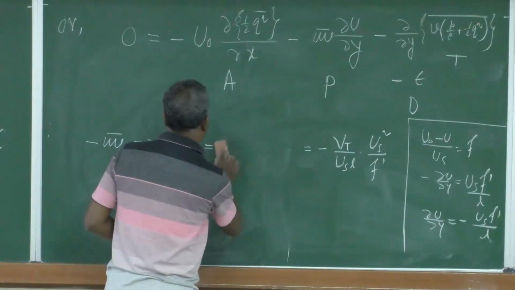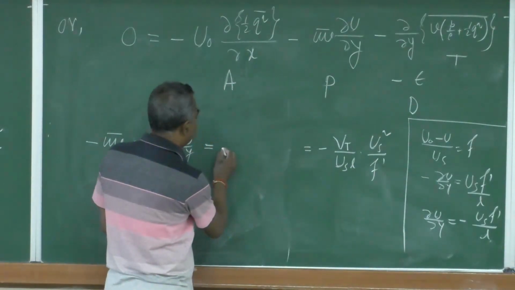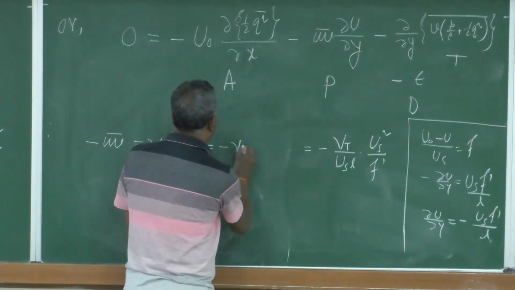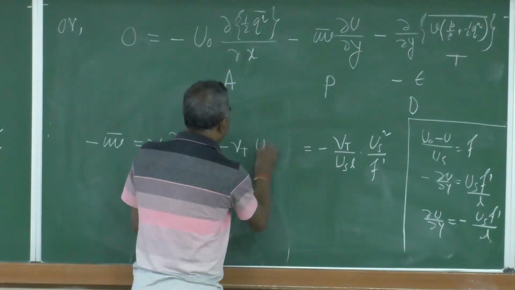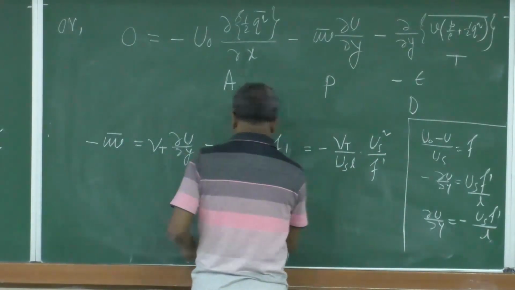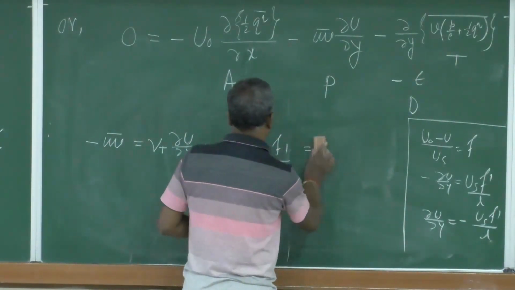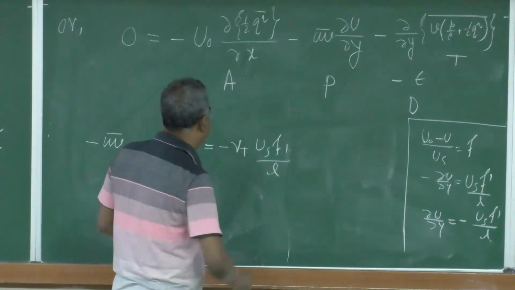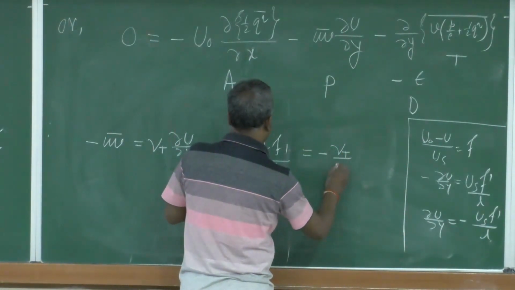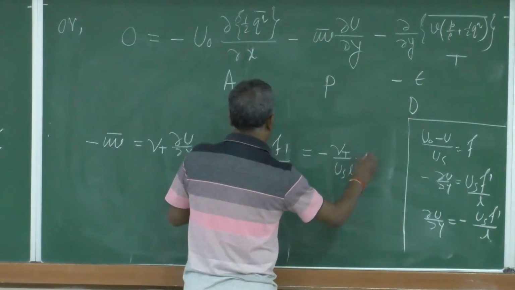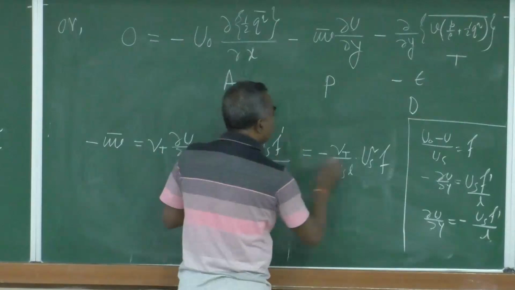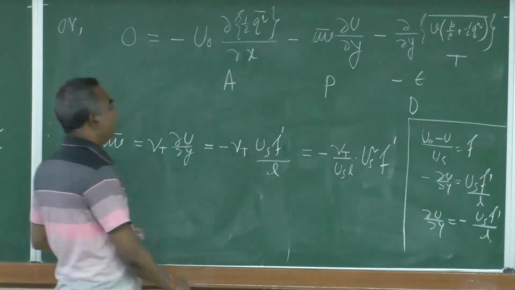Sorry, there is a mistake here. So, that means this is going to be your nu t us F prime by L. This is what it is, and this can be written as nu t by us L, us square, sorry, this is F prime, right.